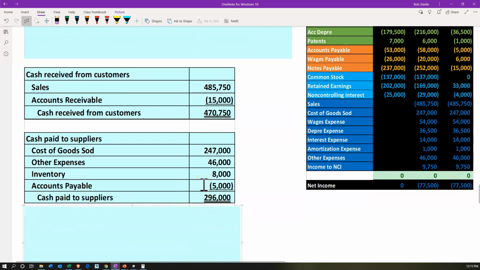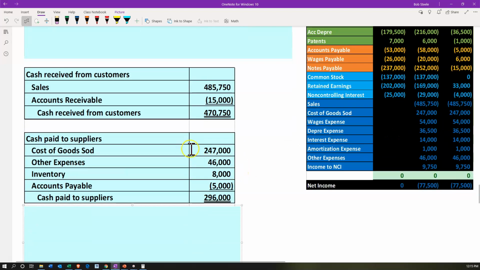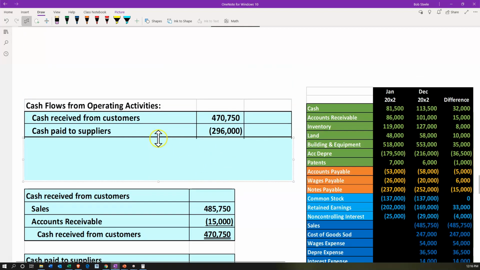And then we're going to take the accounts payable, also included in this cycle. So we're going to be combining those together. Again, I'm not going to spend a lot of time breaking down exactly why. You can see that these accounts will be included in the cycle. And then that's going to come out to the 296,000.